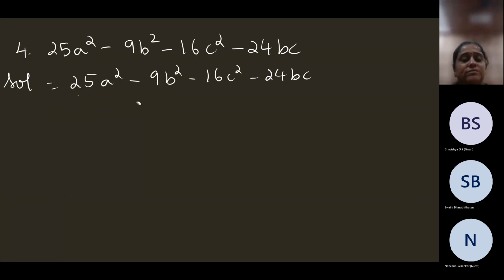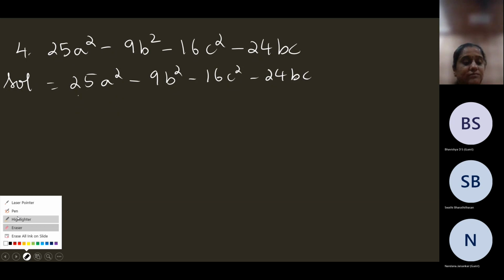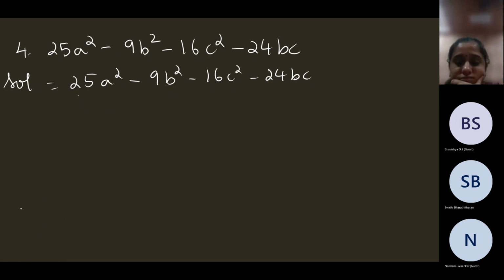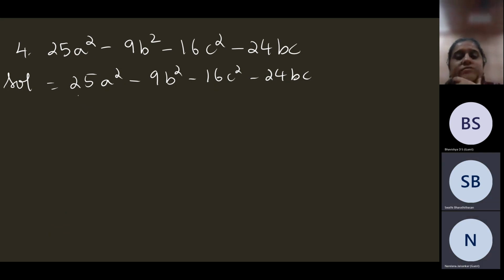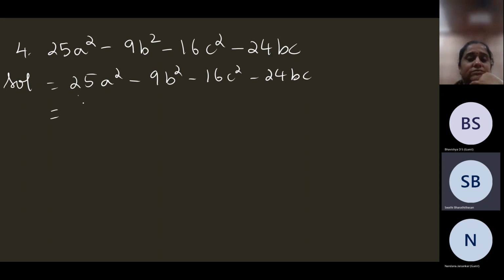Yes, Nandana, what do you want to say? Ma'am, we can separate 25A square and minus 9B square as one group, and minus 16C square minus 24BC as one, ma'am.